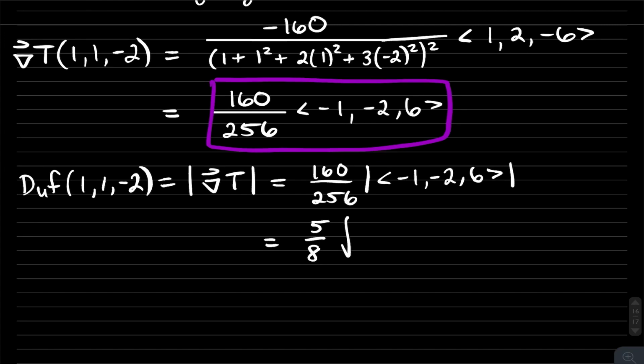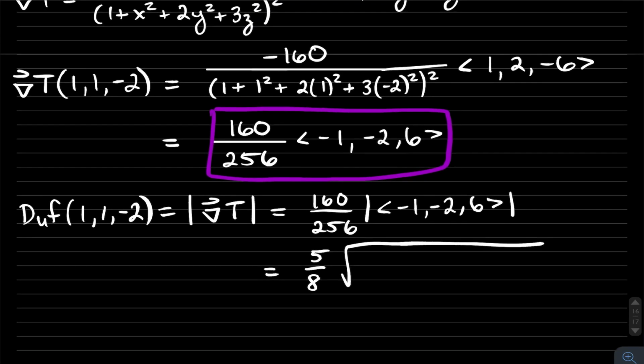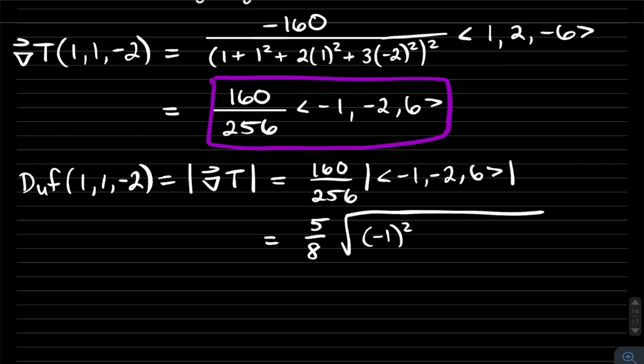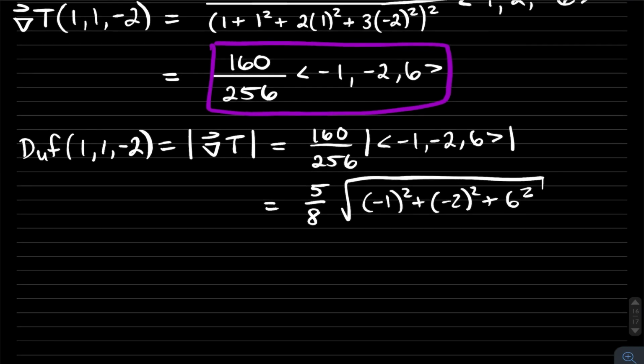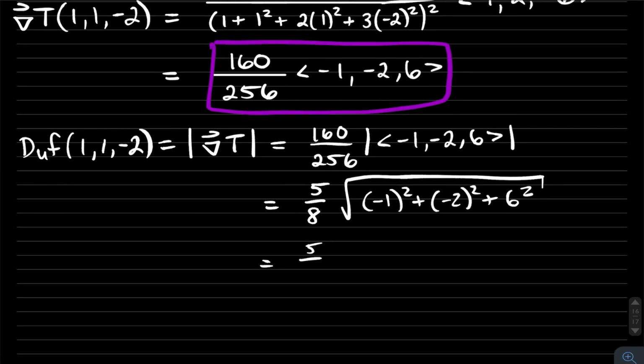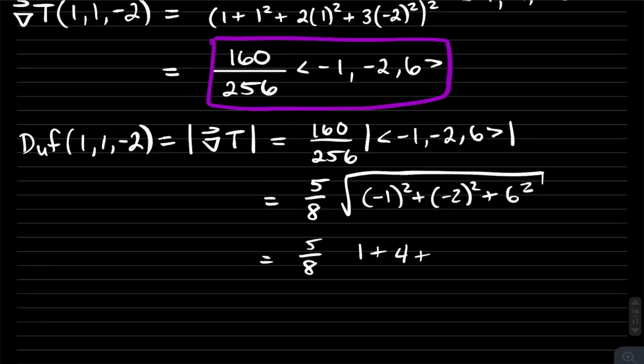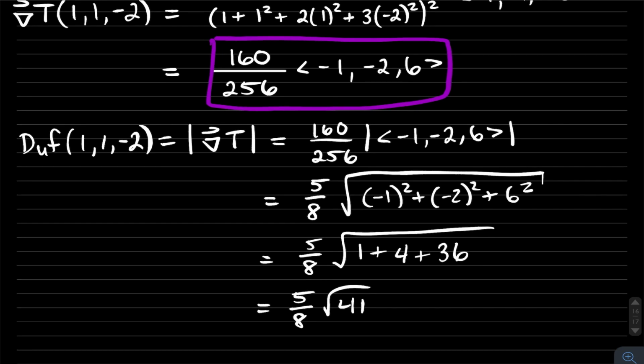And then we can just square root this and write -1 squared plus -2 squared plus 6 squared. That will become 5 over 8 times the square root of 1 plus 4 plus 36, and then you just get 5 over 8 times the square root of 41. And right there, that is your actual temperature increase.